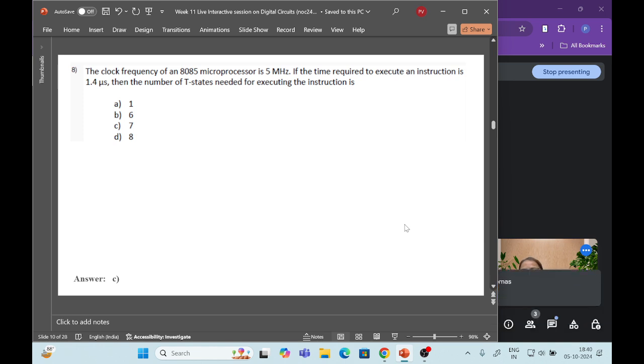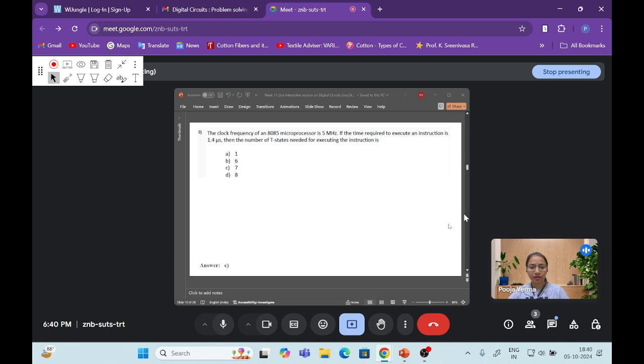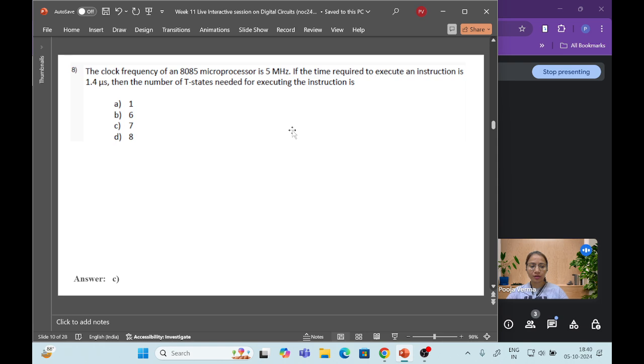Okay, so given 1.4 into 5. Directly you are multiplying, no, but that is not the correct way to solve.